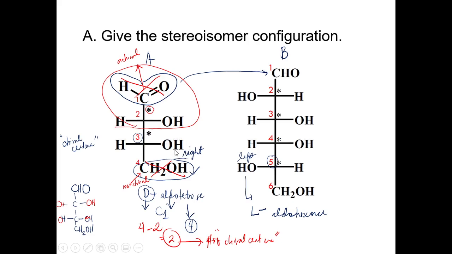Since this is on the right, then you assign this as a D. Okay, and then we already determined that this one is an aldotetrose. On the other hand, this one naman is on the left. The OH group is on the left in the penultimate carbon, then we assign this as an L.